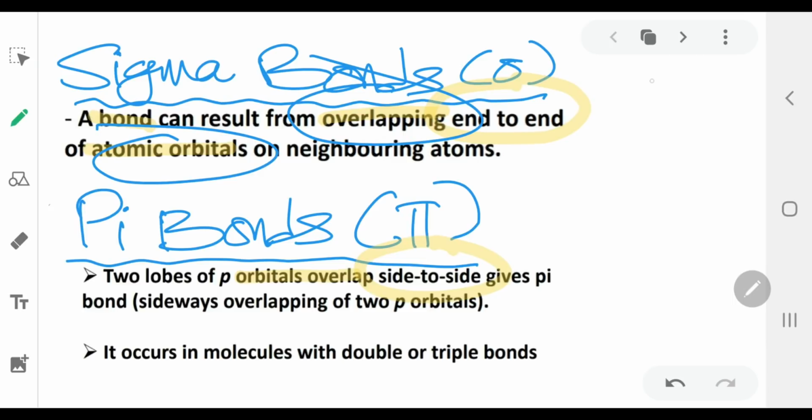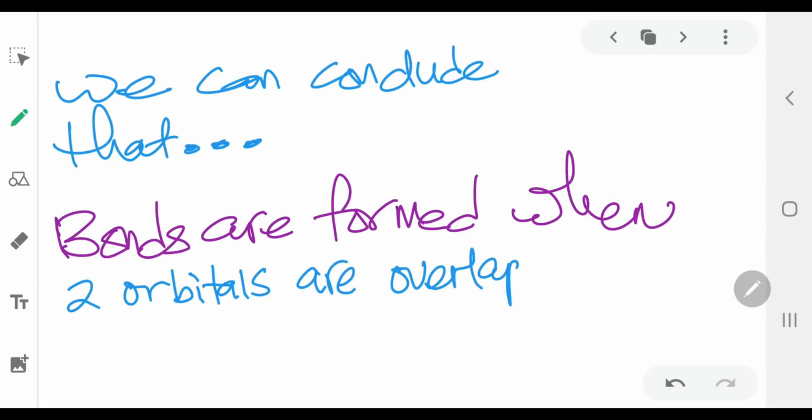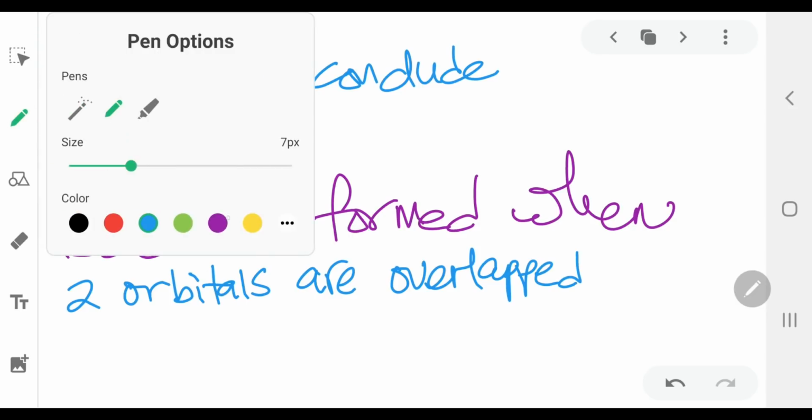Okay, so when you want to form bonds, we can conclude that they are going to be formed when two orbitals overlap.